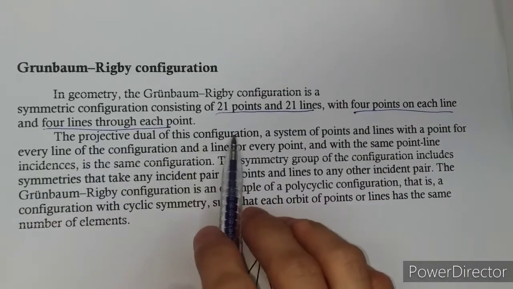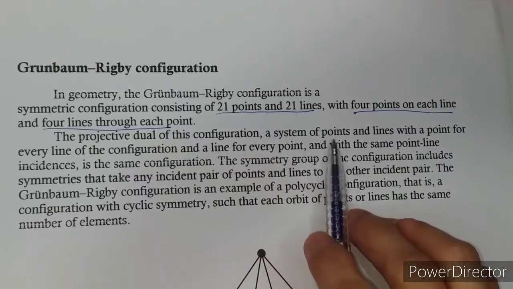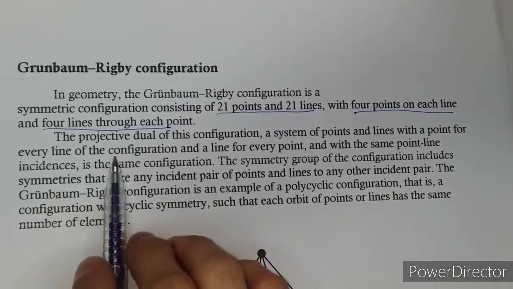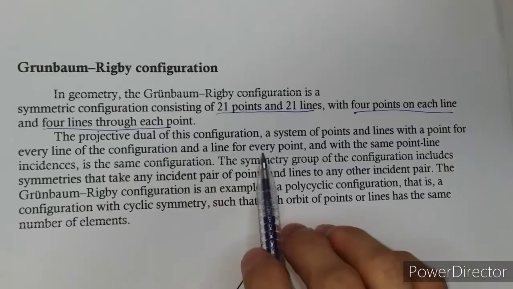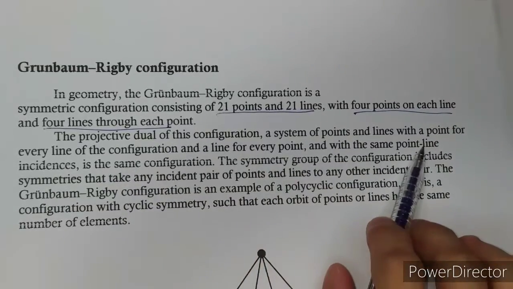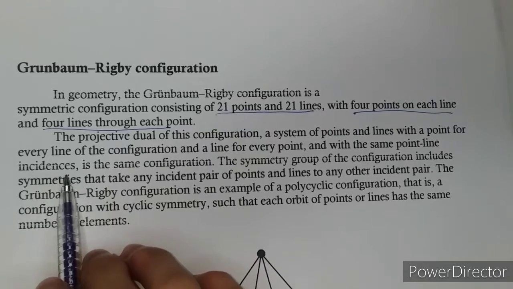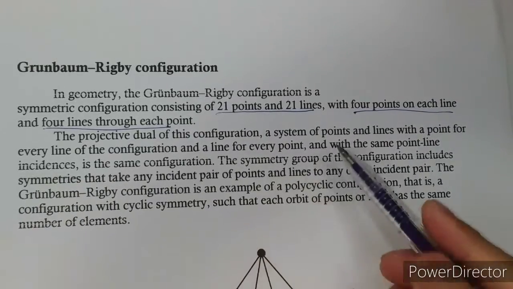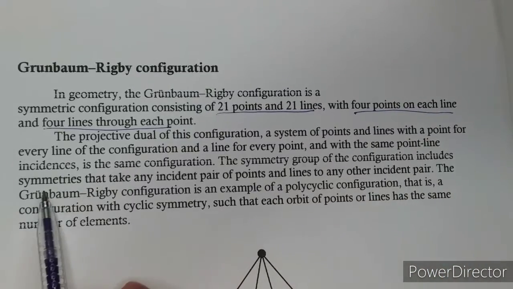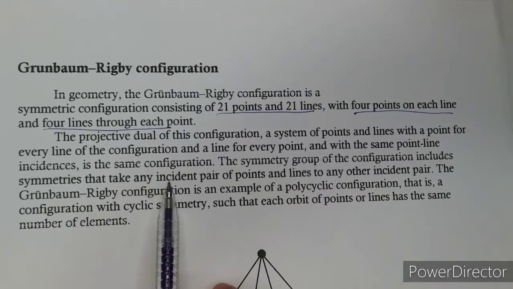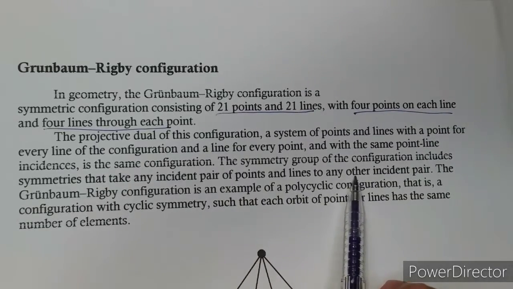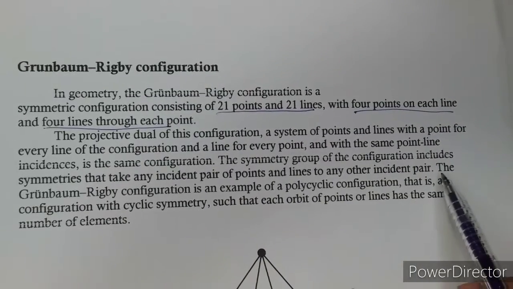The projective dual of this configuration, a system of points and lines with a point for every line of the configuration, and a line for every point, and with the same point-line incidence, is the same configuration. The symmetry group of the configuration includes the symmetries that take any incident pair of points and lines to any other incident pair.